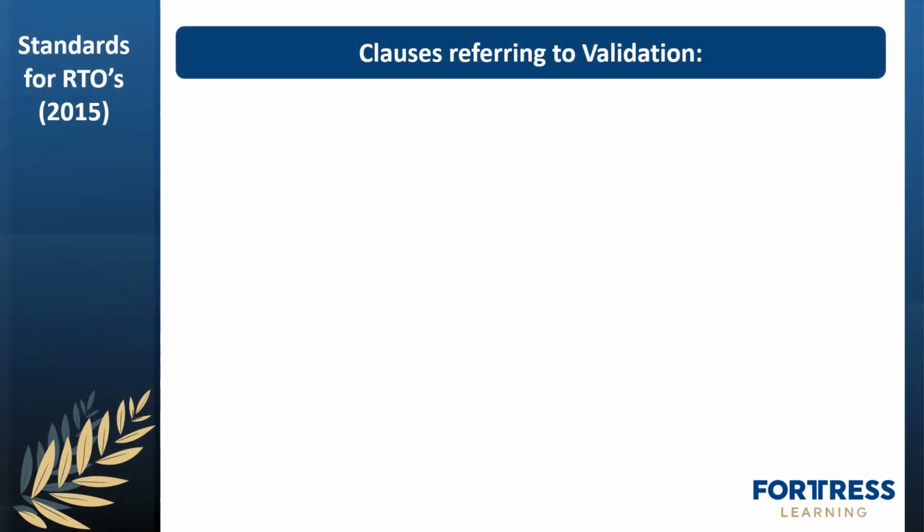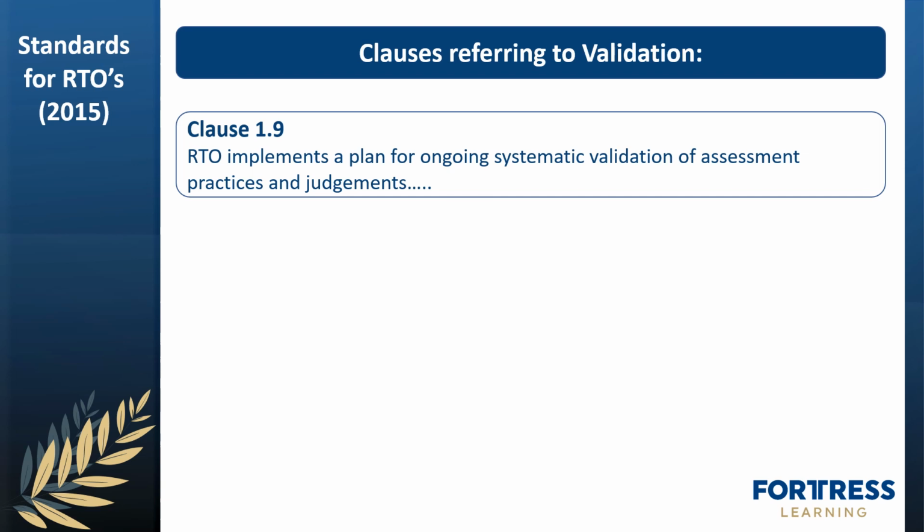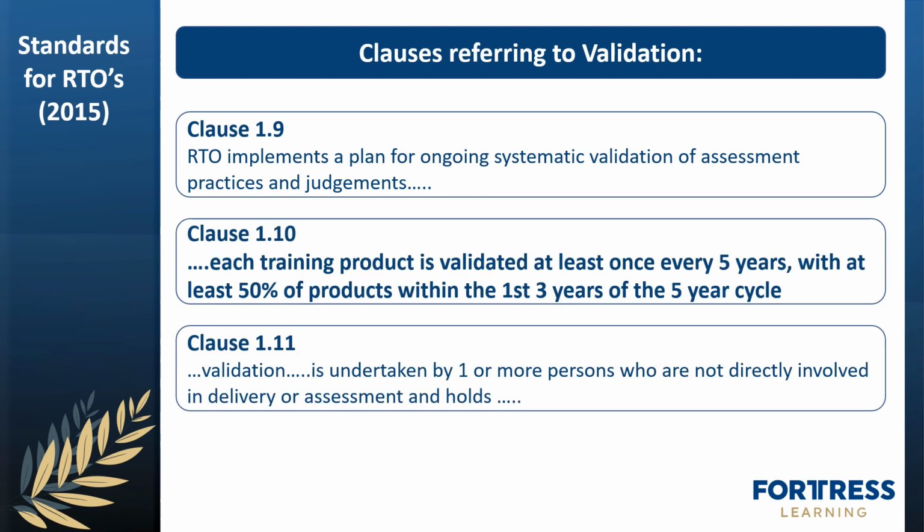Standards for RTOs 2015 include 4 clauses which directly relate to validation, and these prescribe the minimum standards we need to adhere to when validating. I'm not going to go through these in detail, but the 4 clauses that are in the standards are clause 1.9, 1.10, 1.11. We'll have a look at 1.25 in a sec.